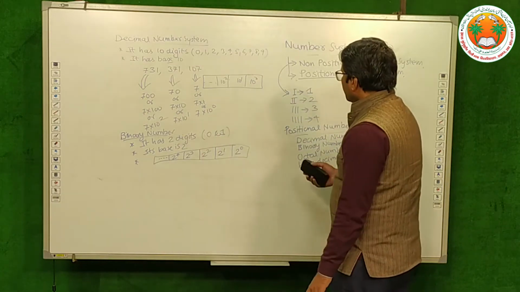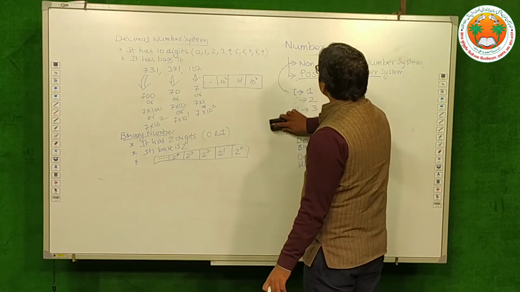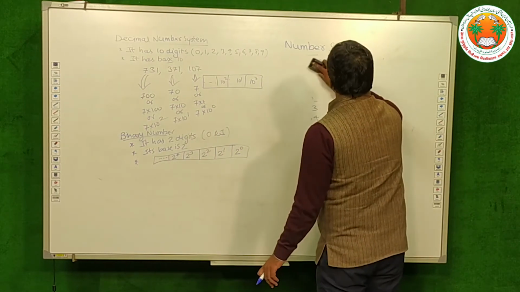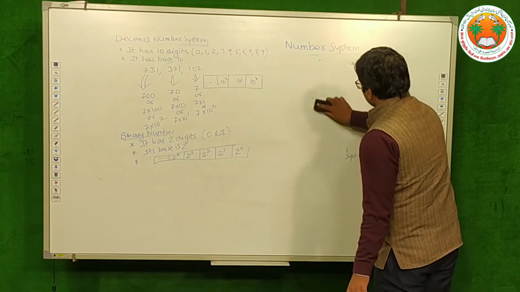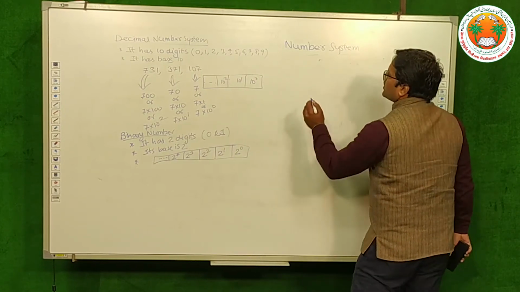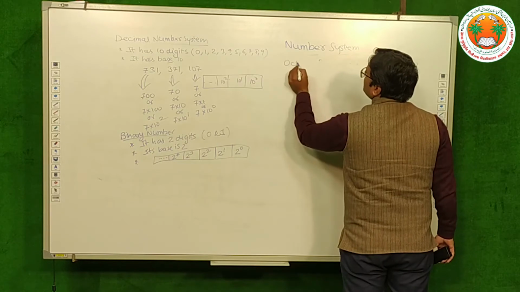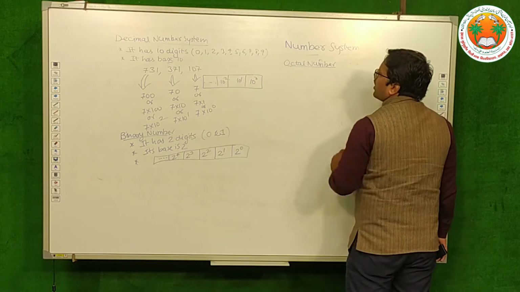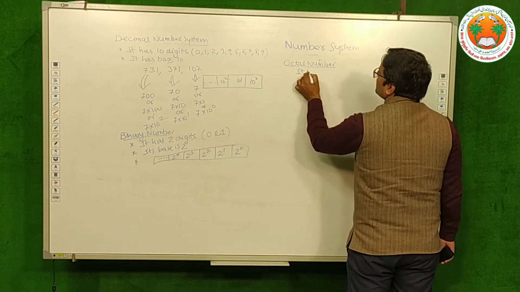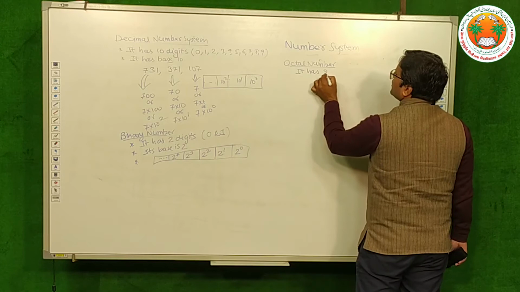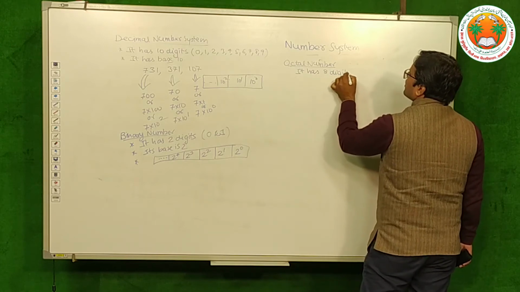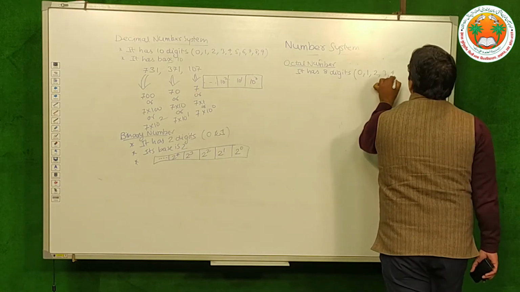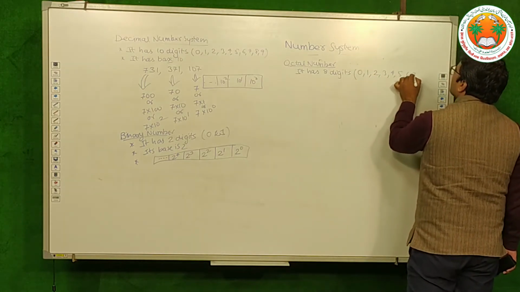And now the third number system is the octal number system. It has 8 digits, that is 0, 1, 2, 3, 4, 5, 6, 7.